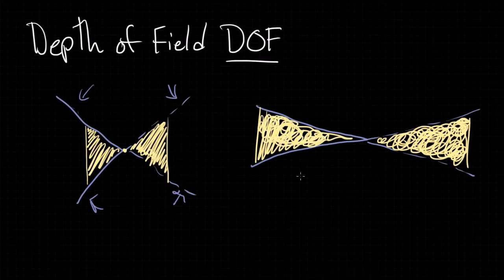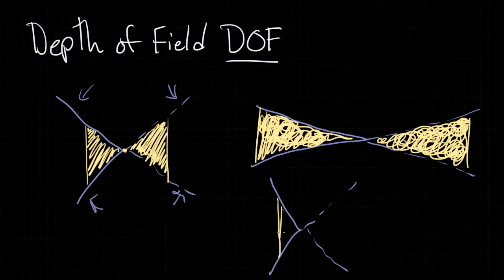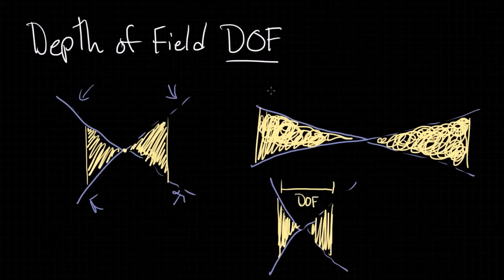Same thing if we pull these lines closer together and we end up with lines like this. Now the light is spreading apart really fast. The toothpaste squeezes back up the tube, and now we end up with a much shorter depth of field, or much shallower depth of field. Here we end up with a wide depth of field.